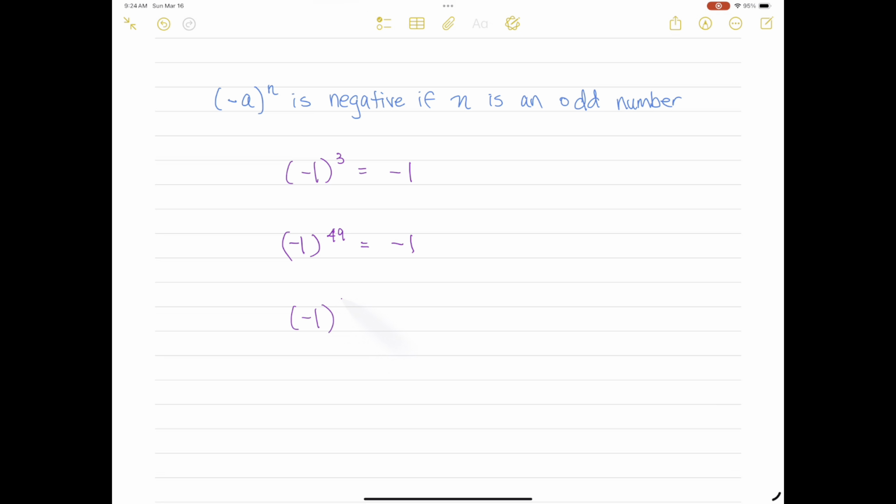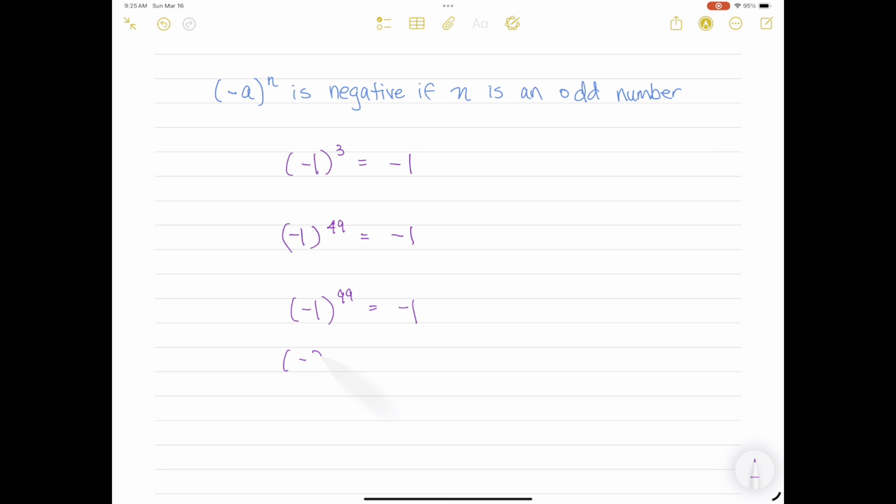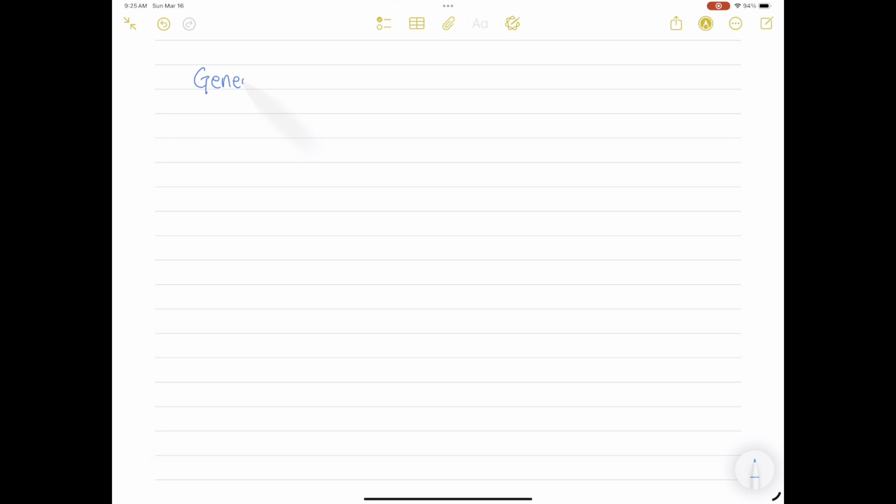Negative 1 inside parentheses to the 99th power also equals negative 1. Negative 2 inside parentheses to the 19th power, an odd number, equals negative 2 to the 19th power. Negative 2 inside the parentheses to the 20th power, however, is a positive 2 to the 20th power because exponent 20 is an even number.